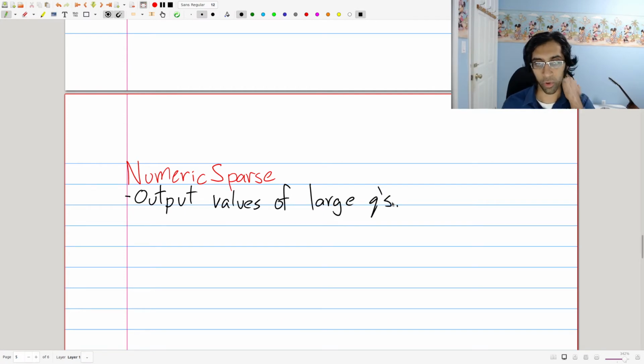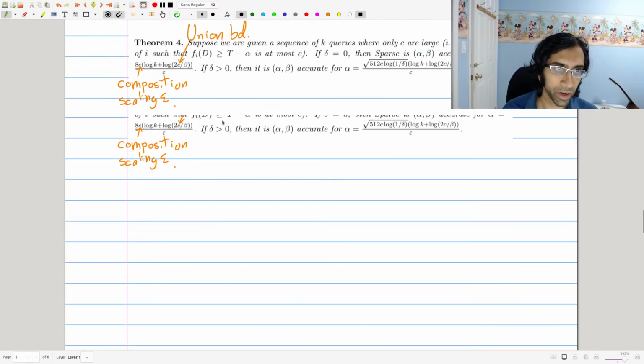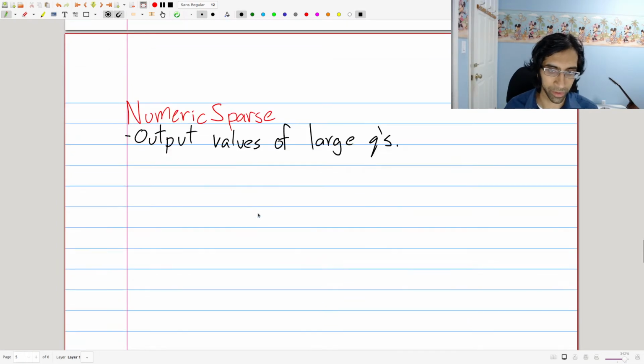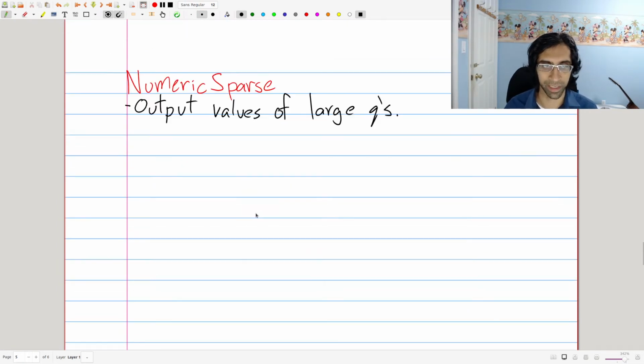The idea is the following. Recall that here we paid linearly in the number of large queries. So if we're already paying linearly in the number of large queries, why don't we get a little bit more out of it? If we see a large query, why don't we also try to output the value of that large query?